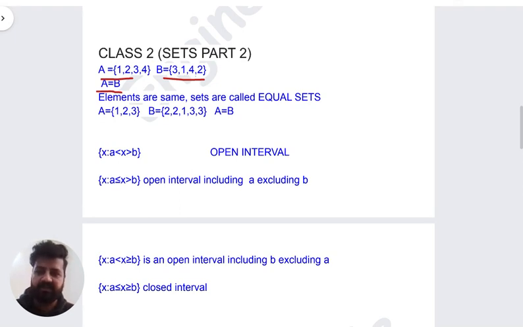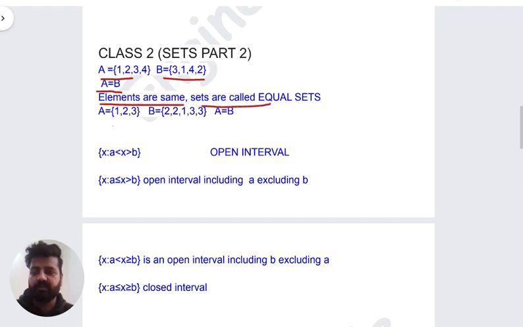We write 3 before, or 1 at first place and 2 at the second place, it doesn't matter. The main thing is that the elements must be the same, then our sets will be the same and the sets will be called equal sets. As I write down here, elements are same, sets are called equal sets.